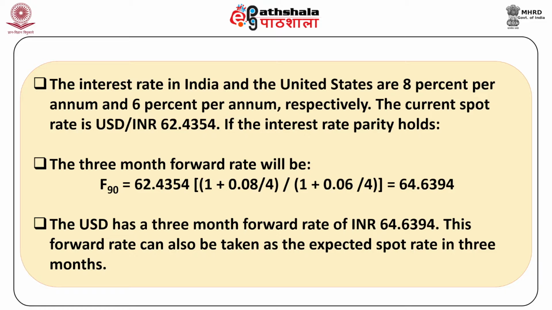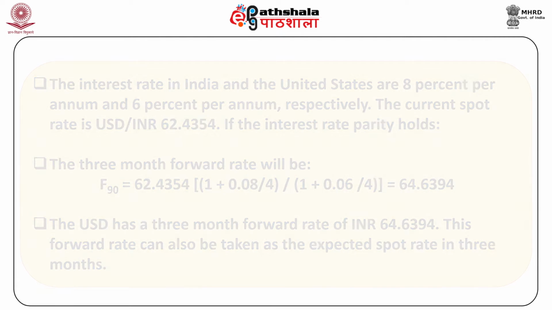The solution to this question is the 3-month forward rate F90 is equal to 62.4354 multiplied by (1 plus 0.08 divided by 4) divided by (1 plus 0.06 divided by 4), which will be equal to 64.6394. The US dollar has a 3-month forward rate of 64.6394 Indian rupees. This forward rate can also be taken as the expected spot rate in 3 months.